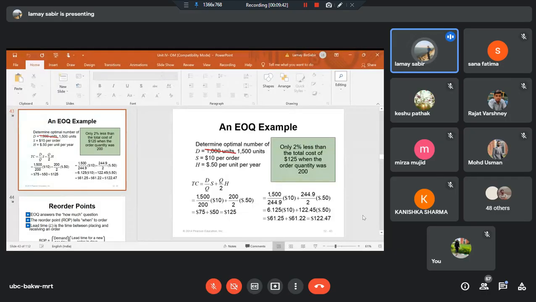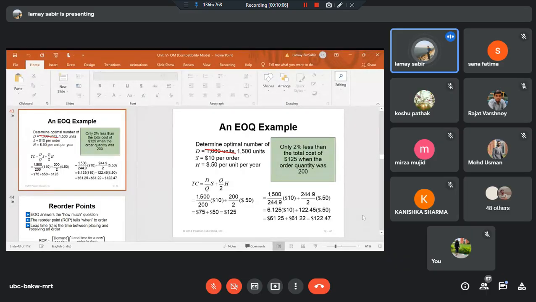Now, before we move to the second level of model, I would like to discuss one important calculation which is very useful in inventory management. That calculation is related to a point. I recall one student asked me that we place the order and we get the order.